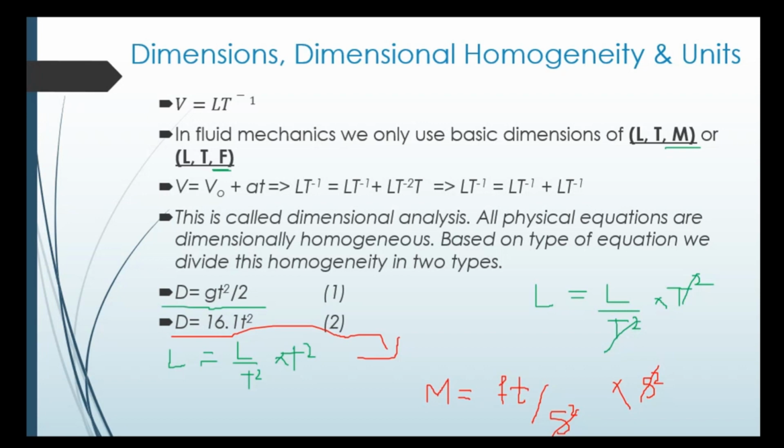Any question, anyone from the other side? No, sir. g has value of 32.2 feet per second square in English units.